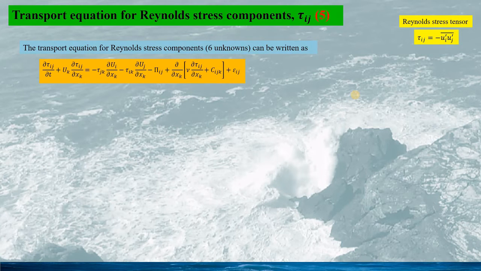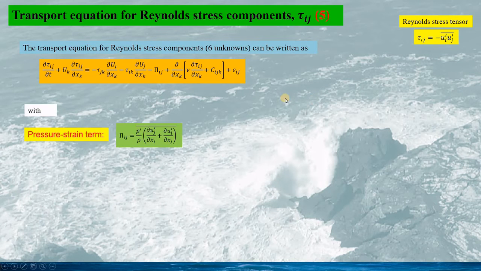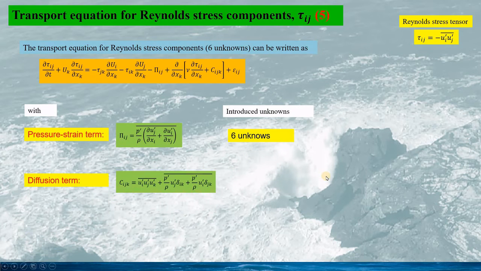As we have shown in the previous slides, the transport equation for the Reynolds tensor component is given as this. Here, the pressure strain term, pi ij, is given by this. So for this term, we have 6 new unknowns.